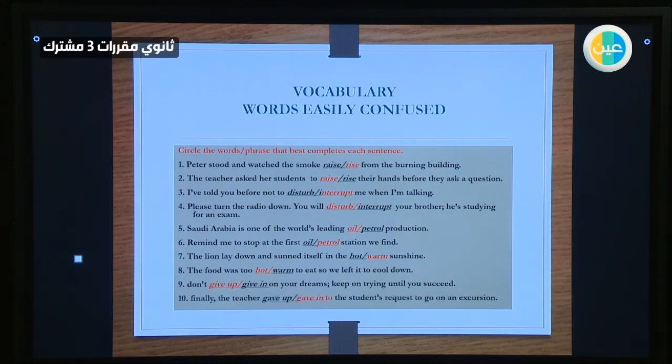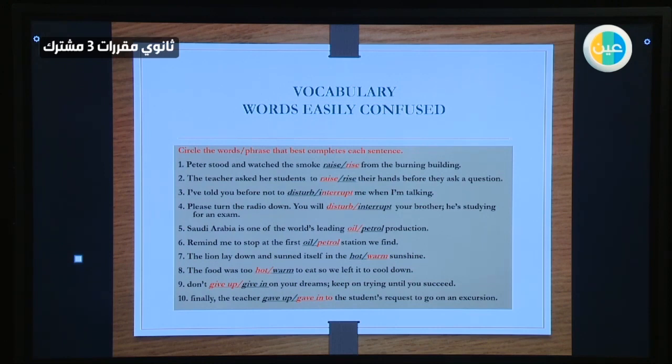Another word: finally, the teacher gave in to the students' request to go on an excursion. What's the meaning of gave in? After the students asked the teacher many times and insisted, he gave in at the end to their request. He agreed to do something that he refused to do at first.